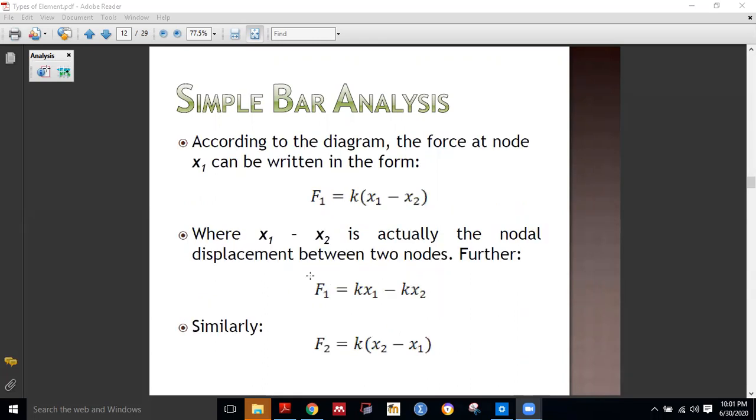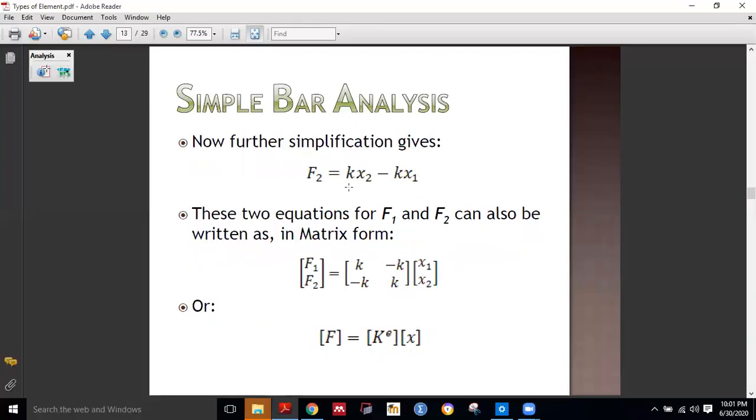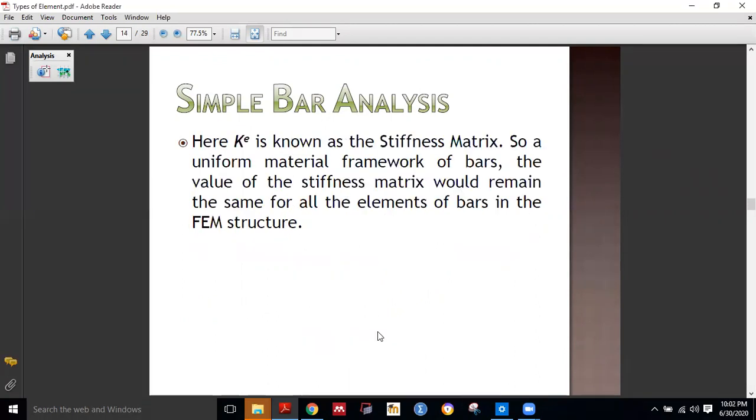Now, this equation which I have highlighted can be written in this matrix form, or F is equal to Kx. So that is the formula which I have told you before, that is F is equal to Kx for simple things. So this is the formula we are going to use in FE.